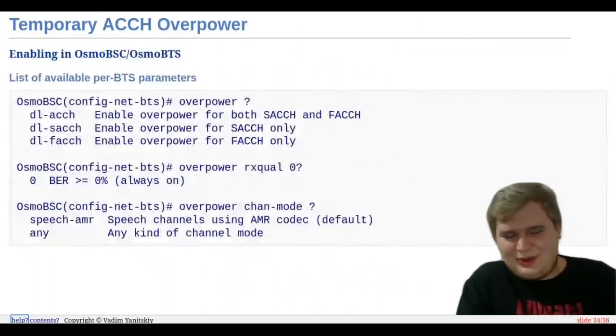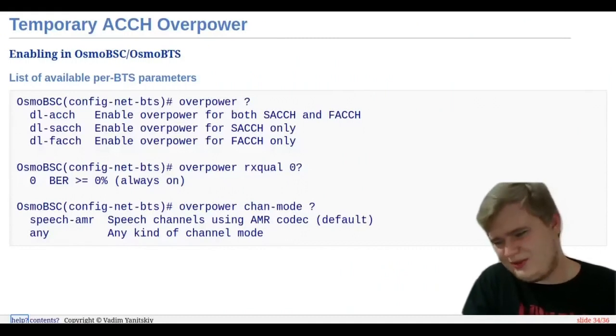And this is how to configure this feature, SACCH and FACCH overpower. You can selectively enable it either for FACCH or for SACCH, or for both of them at the same time. And you have a threshold, that's a bit error rate threshold. I don't remember if carrier to interference ratio can be used for that.